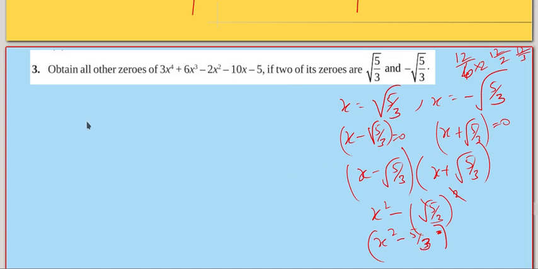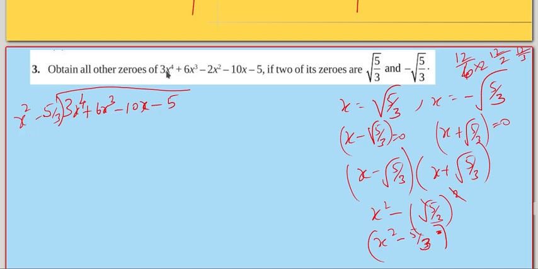Okay, so let me take this polynomial 3x to the power 4 plus 6x cube minus 10x minus 5. This polynomial we are dividing by x square minus 5 by 3. First we have to take the highest term of the given polynomial and the highest term of the divisor.